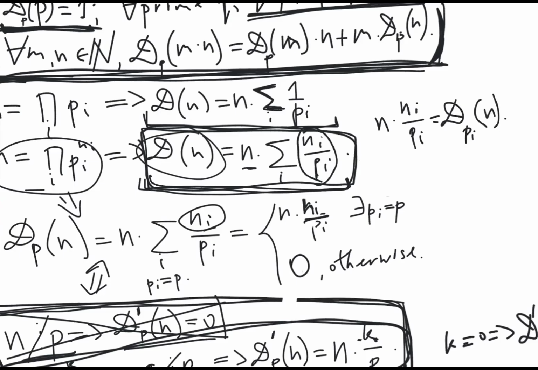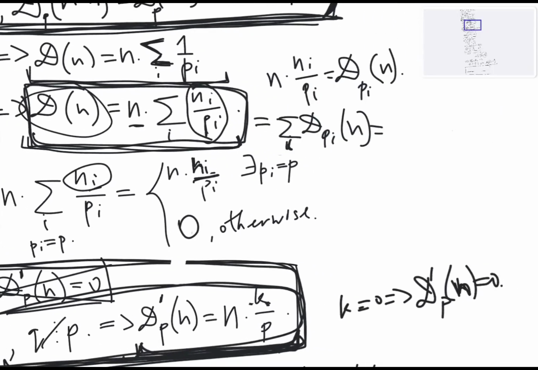So then this whole sum can be written as the sum over i of dpi of n, and this is simply the sum of dp of n for all prime numbers p, so when p is prime.